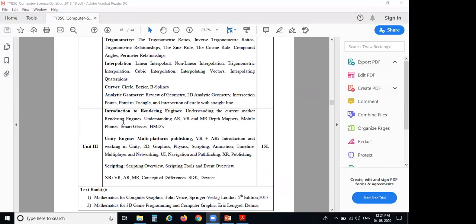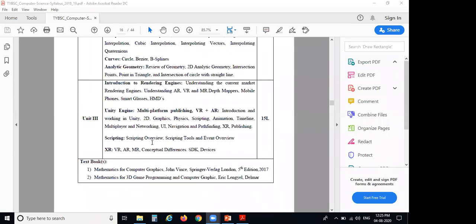And in unit 3, you have to study rendering engines, multi-platform publishing, VR, AR, MR, scripting, and how those concepts are executed. This is the syllabus of your game programming subject.